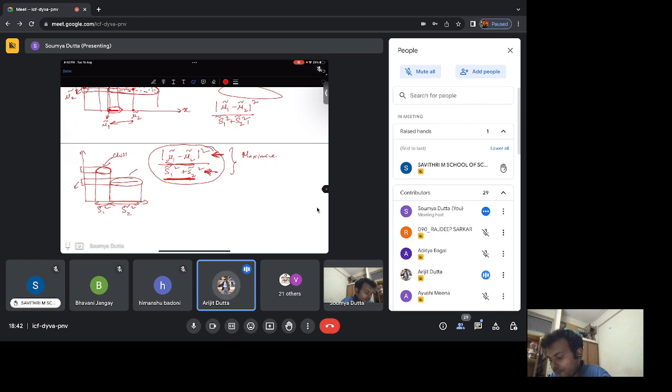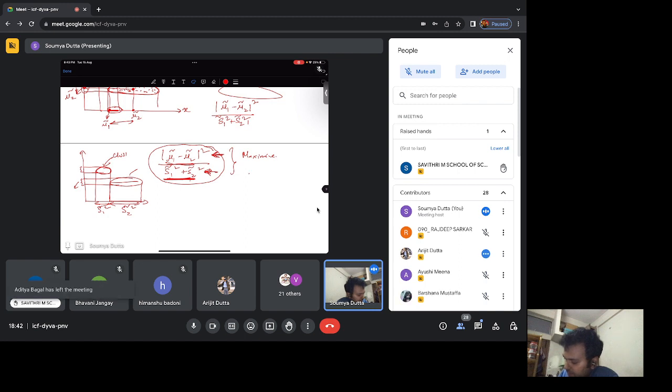So does that mean that the sum of S1 square and S2 square is always less than 1? No, not necessarily. Let me give you a numerical example that might be easier to understand.